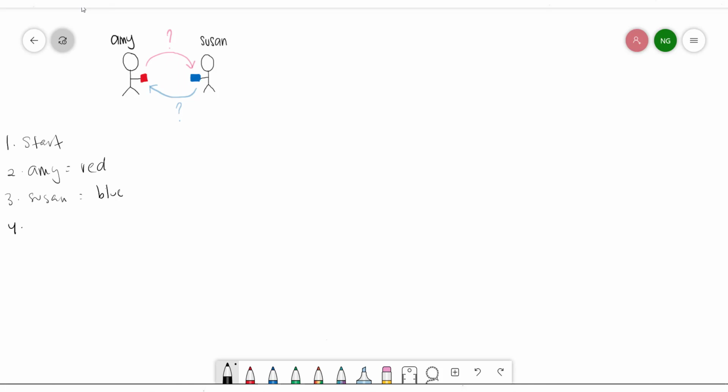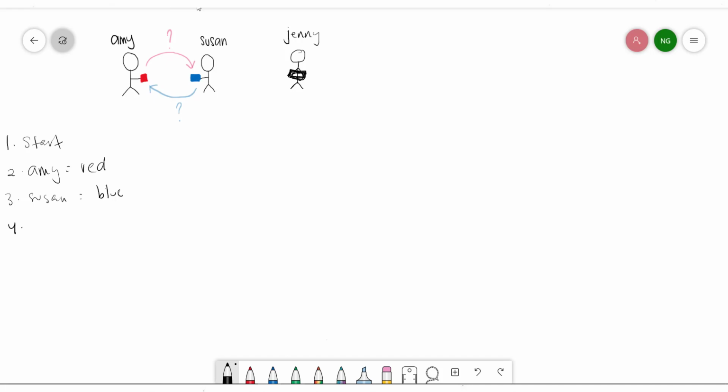Since Amy and Susan are only able to hold one thing at a time, we would need help from another person. So let's say we draw this other person and call her Jenny. Jenny is able to hold one box at a time as well. Right now Jenny doesn't have anything in hand. So what we can do is tell Amy to give Jenny the red box.